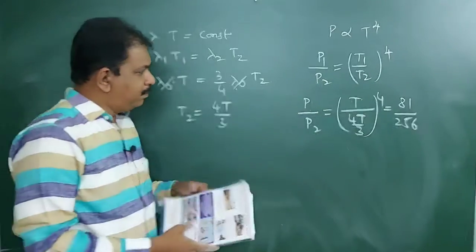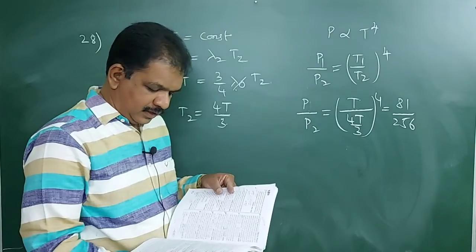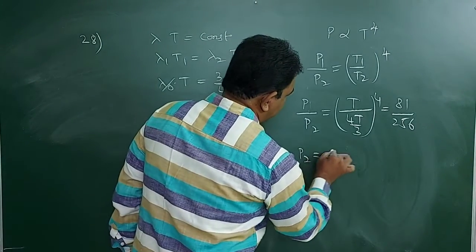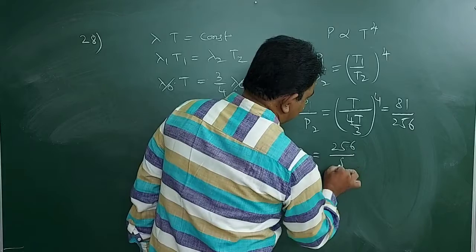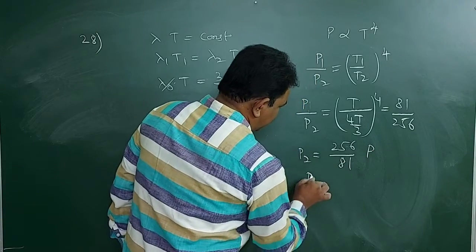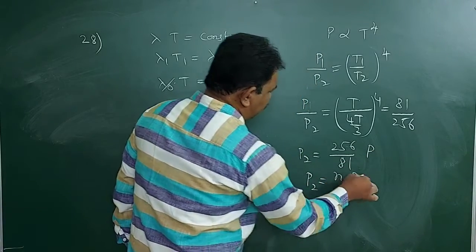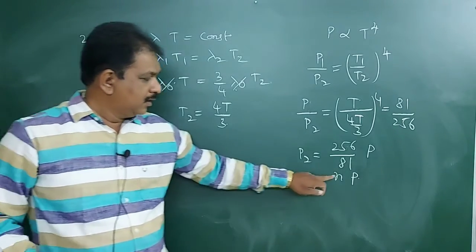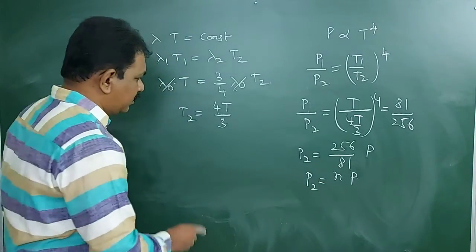Then P2 by P they are asking. P2 is equal to 256/81 P. They gave P2 is equal to Np. Find the value of N. N is equal to this one.